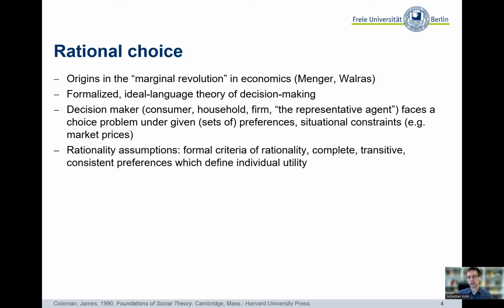So basic assumptions here is that an actor has a complete set of preferences. So whatever the situation, an actor is equipped with sort of a preference, an opinion about what he or she prefers. It's a transitive set of preferences. That is, if I prefer A over B and B over C, I also prefer A over C. So this is the condition of transitivity that the set of preferences needs to live up to.